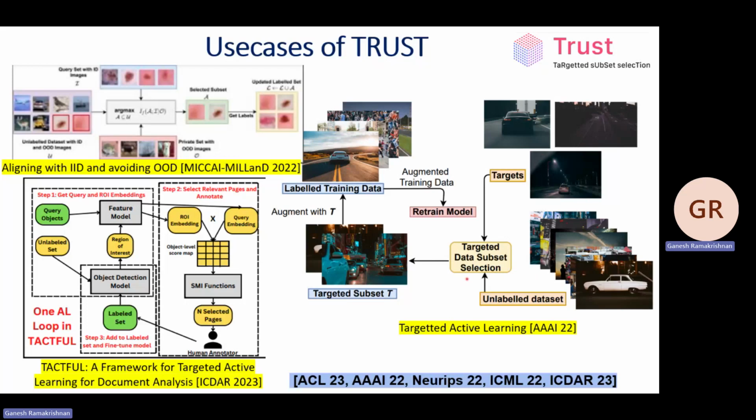You have Badri and others here. They have done this framework for targeted active learning for document analysis. You have the same situation. Imagine you have optical character recognition and a large number of images which are not seen. Now these have very complex layouts.